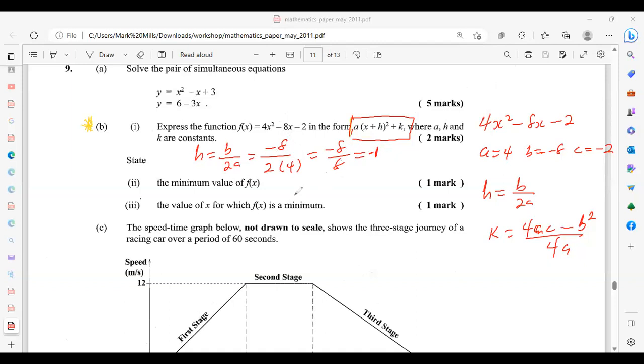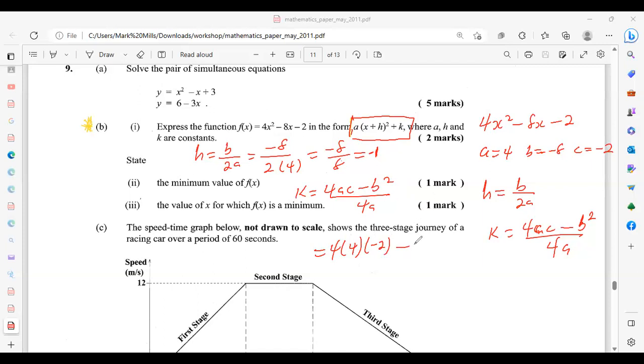Now, let's go and look for k. So k is equal to 4ac minus b squared over 4a. So for me to find k, 4 times a, which is 4, my c, what's my c value? Negative 2. Minus the b, what is my b value?